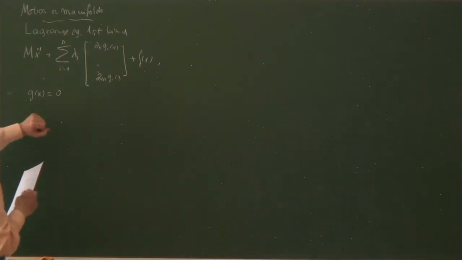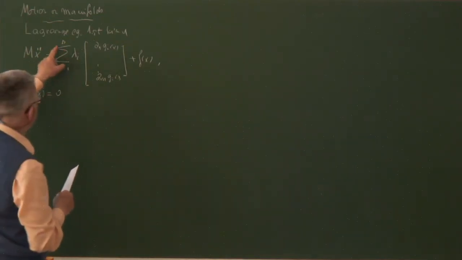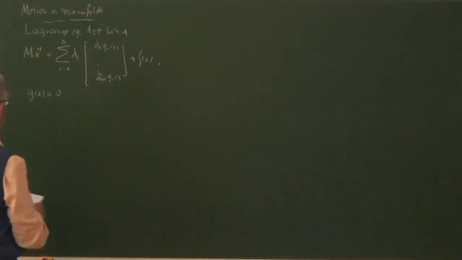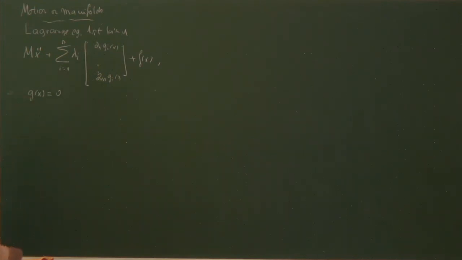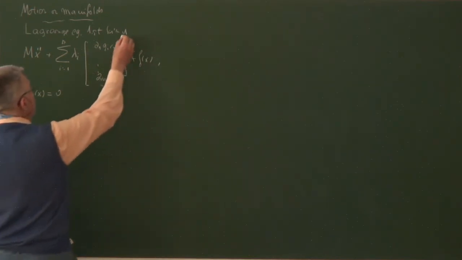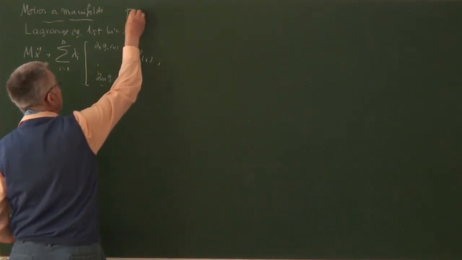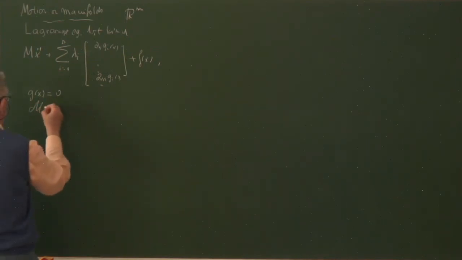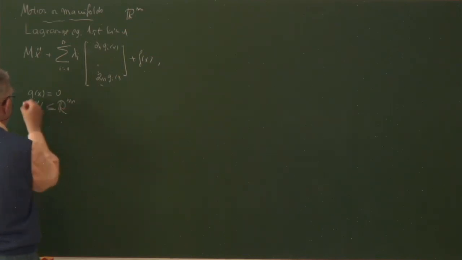What are those numbers? S is the number of the constraints, of the components of the vector G. M is the dimension of the underlying space in which the whole thing is moving and in which the manifold M is defined. That's the definition of the manifold.